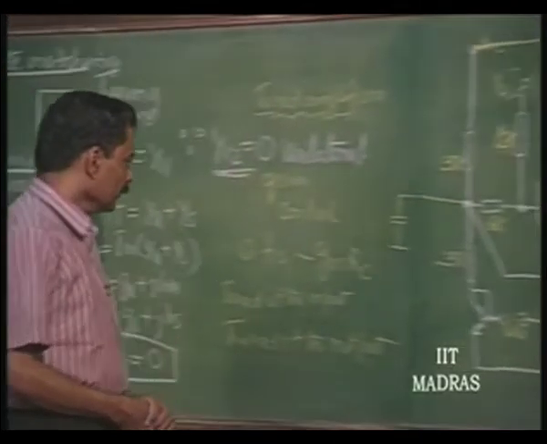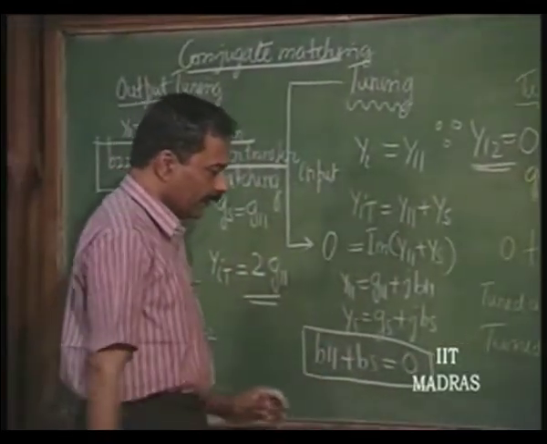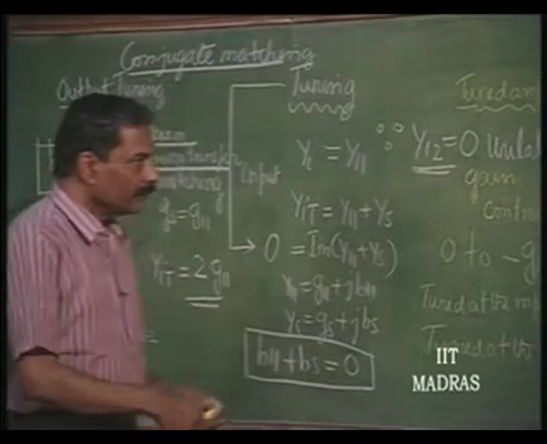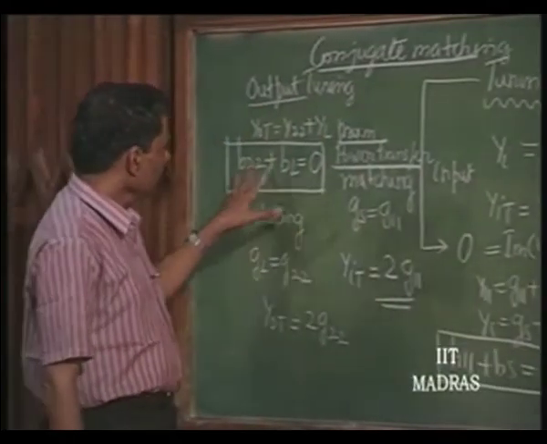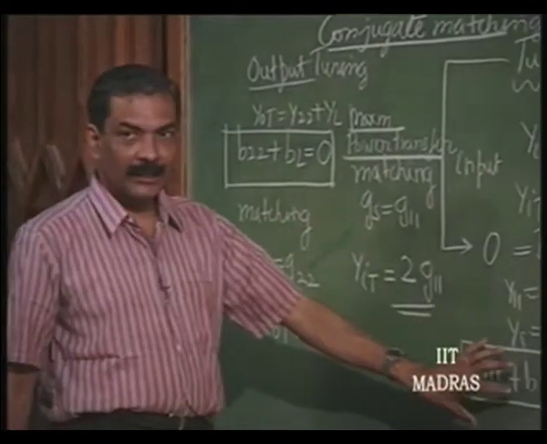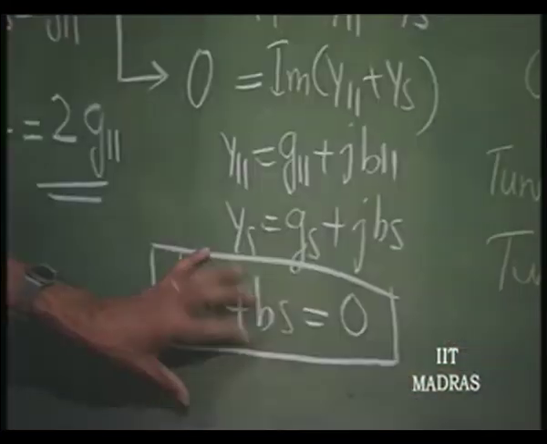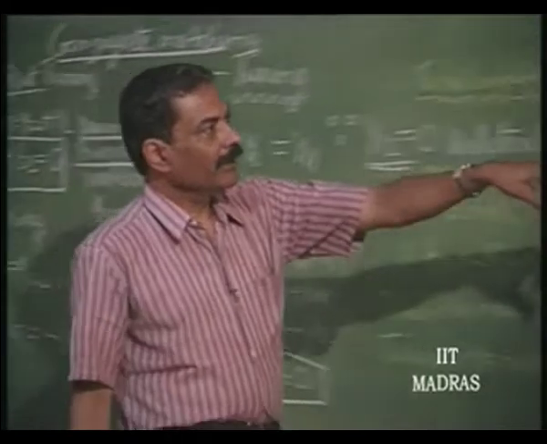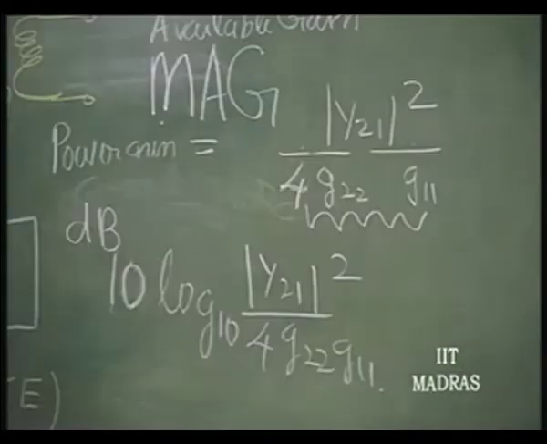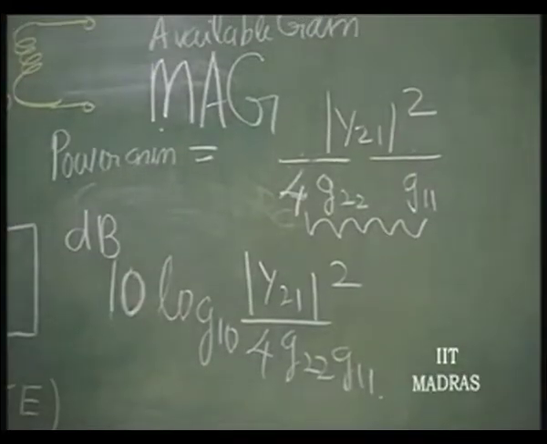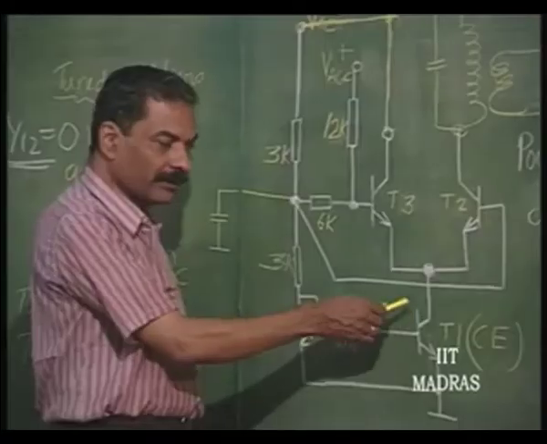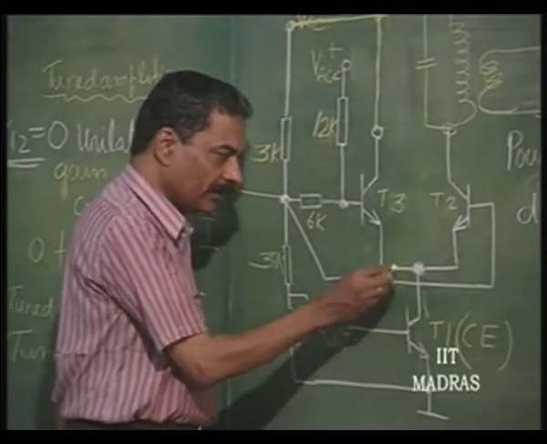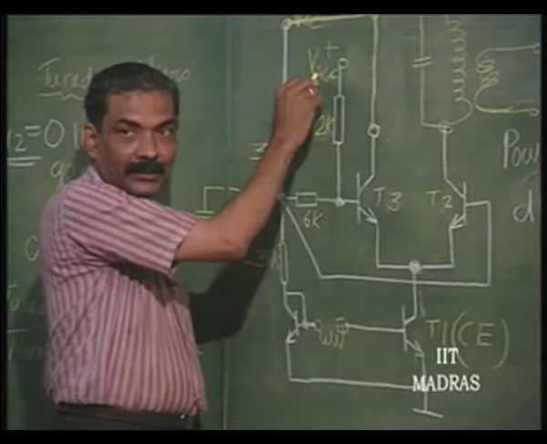So, this part of the design is going to involve only these things: tuning at the input, tuning at the output, and evaluating the maximum available gain. Okay. And please note that in this arrangement, this current is going to be divided by VAGC.